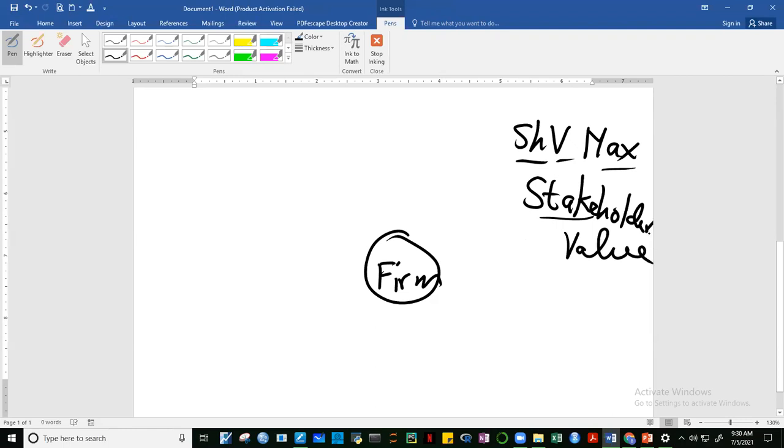And why is that? Kasi ang sinasabi nila, hindi lang naman yung shareholders ang may interest dun sa well-being ng organization. So their interest should also be protected. Kasi it's not only the shareholders, but also the other stakeholders.